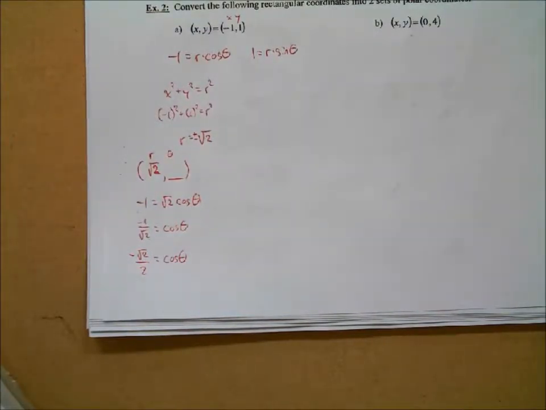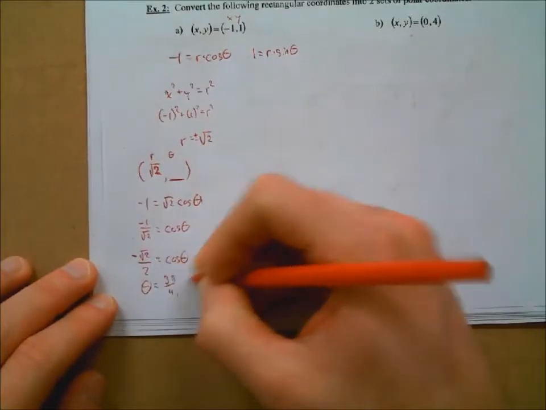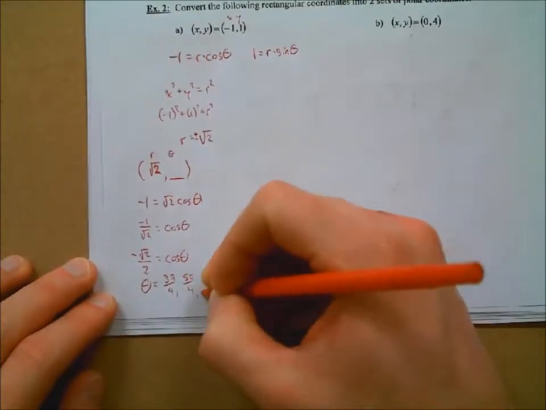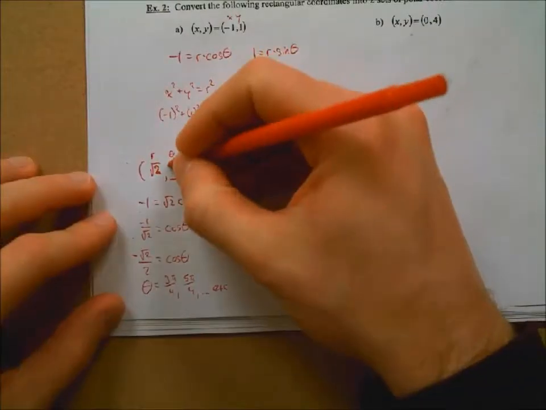So not positive pi over 4; pi over 4 will give you positive root 2 over 2. So like 3 pi over 4, 5 pi over 4, one of those two. Really, there's an infinite number of possible answers there. You could add 2 pi to 3 pi over 4, or add 2 pi to 5 pi over 4, or subtract those, and you get a bunch of answers. So I'll just use the 3 pi over 4 there.